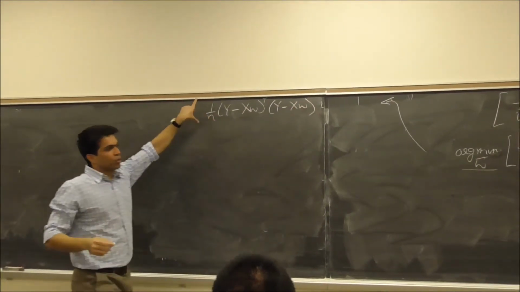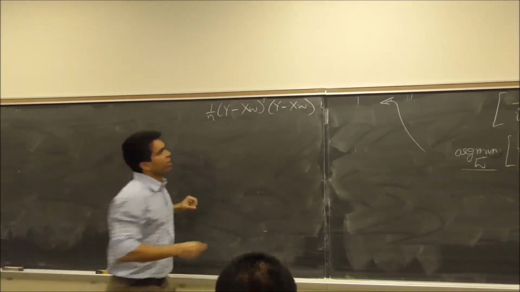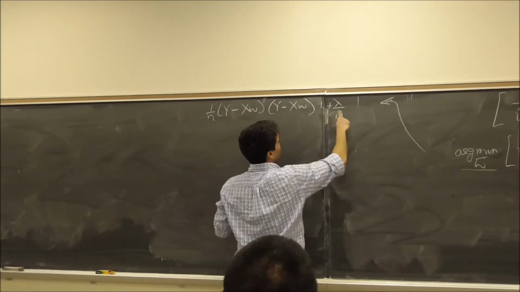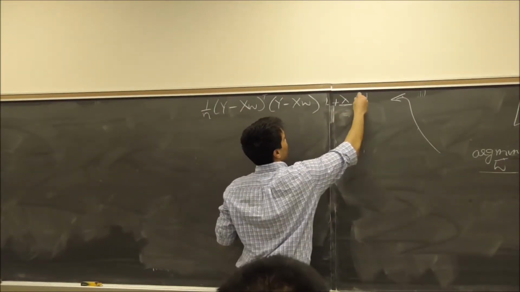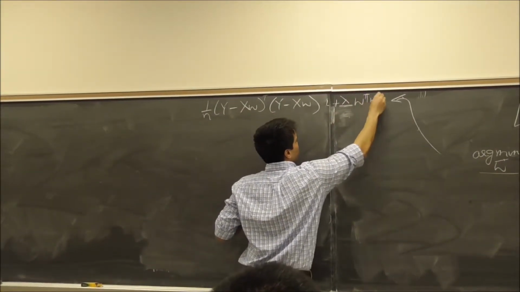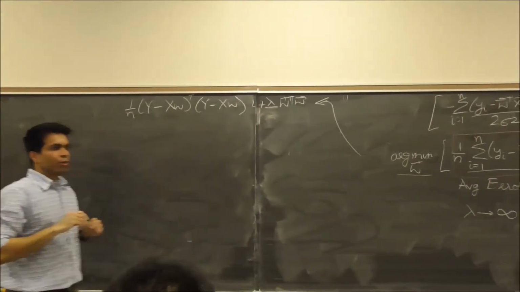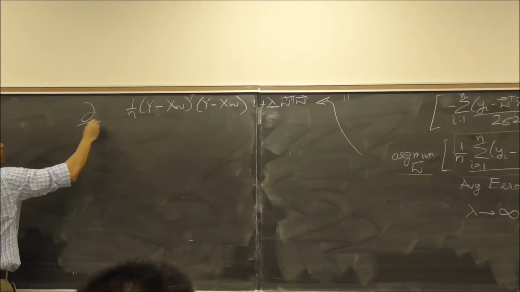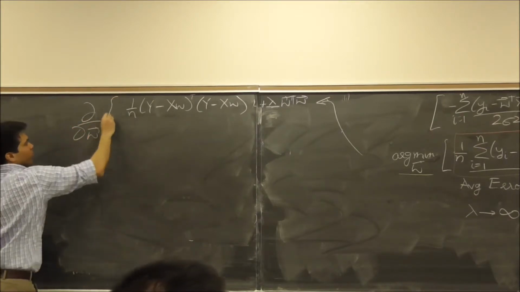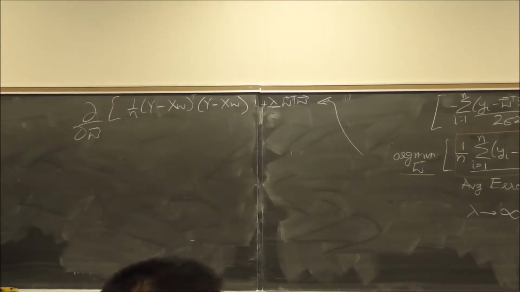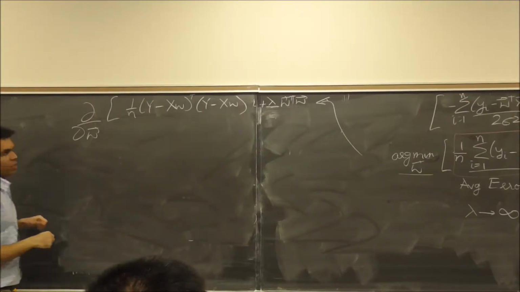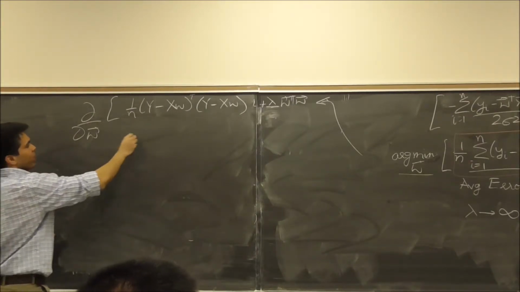This was just the matrix notation for the loss function plus lambda, oh I don't need lambda by n because I already have lambda times w transpose w. That's the new term. Okay, I can take the gradient of this with respect to w, and I can set it to 0, and that's what we did for least squares as well. So what do we get?